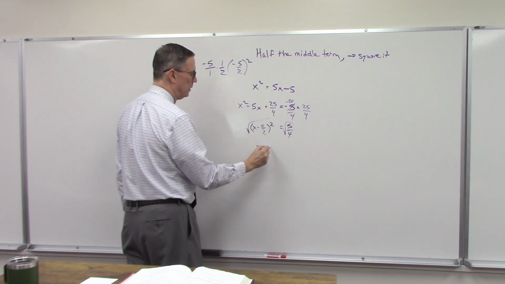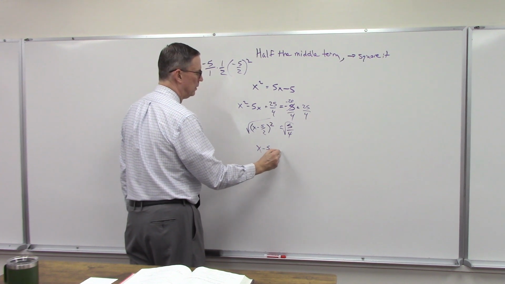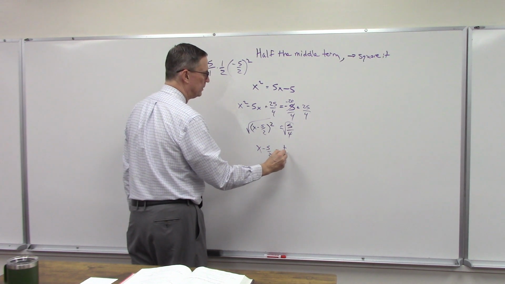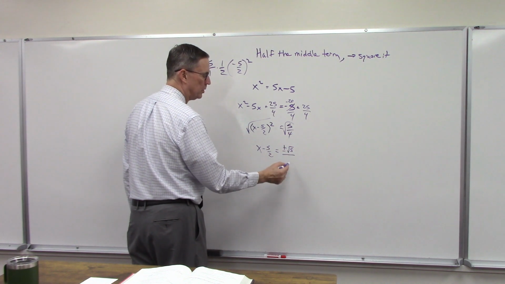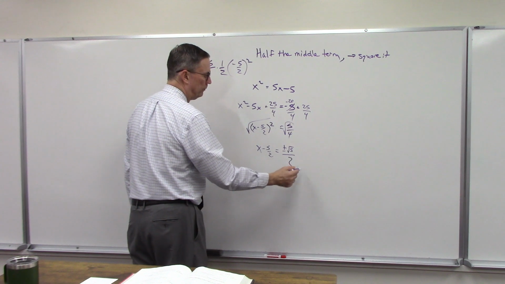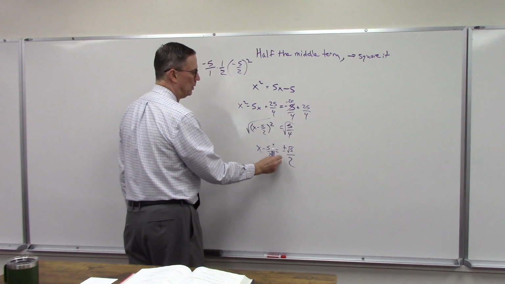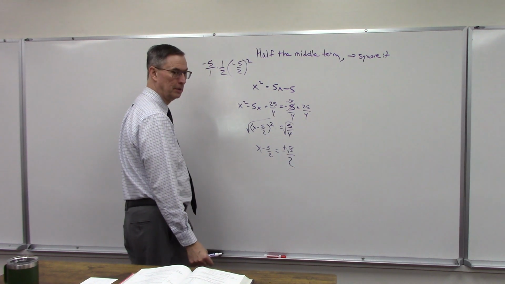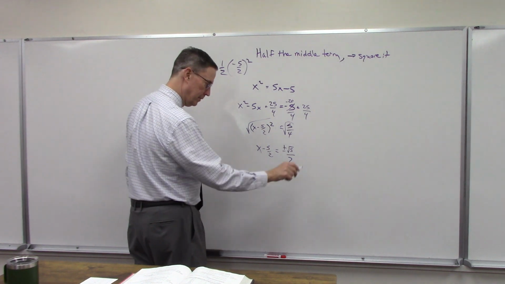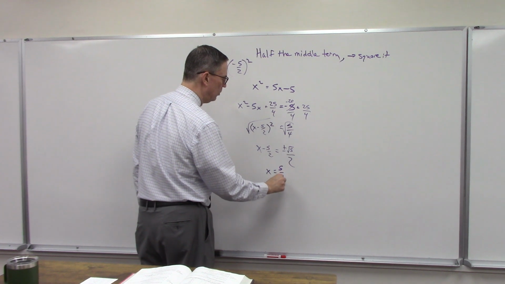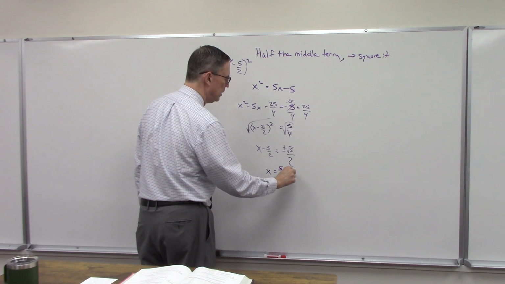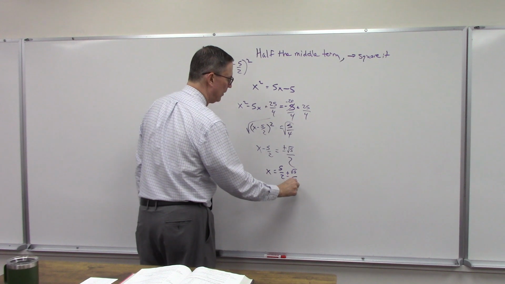Okay. Plus or minus the square root of 5 over the square root of 4. But what is the square root of 4? 2. Okay, and then the last step. Bring the 5 over 2 on the other side. Yep, so we'll do 5 over 2 plus or minus the square root of 5 over 2.